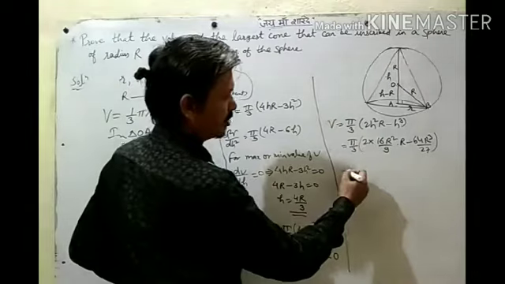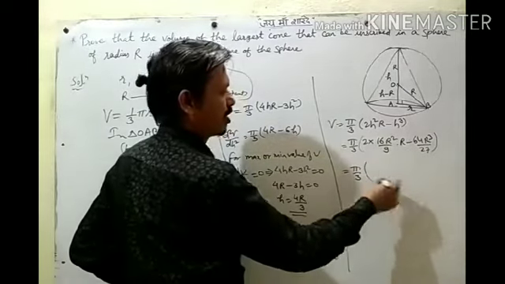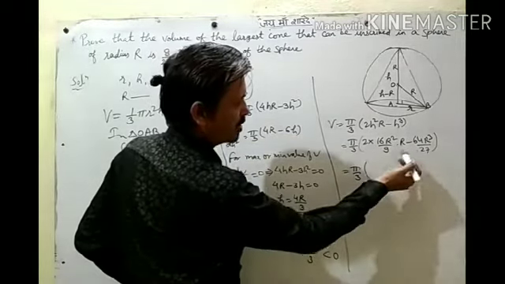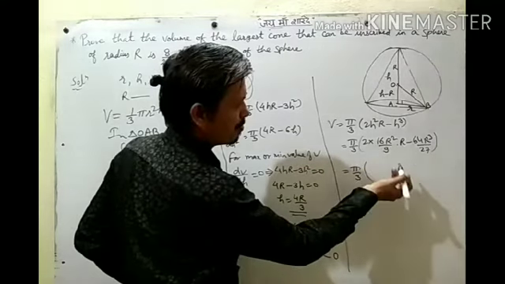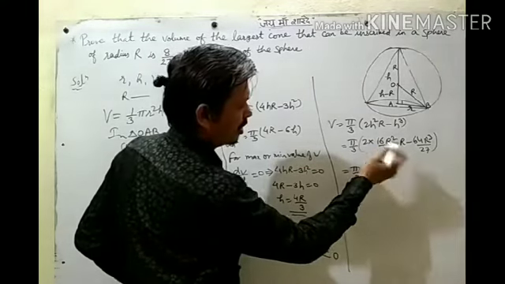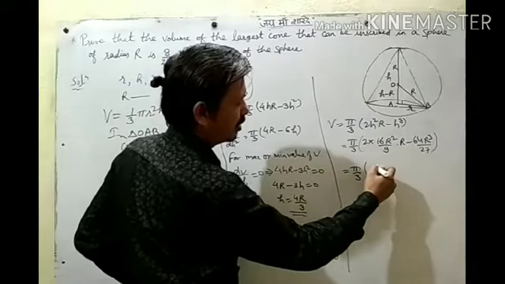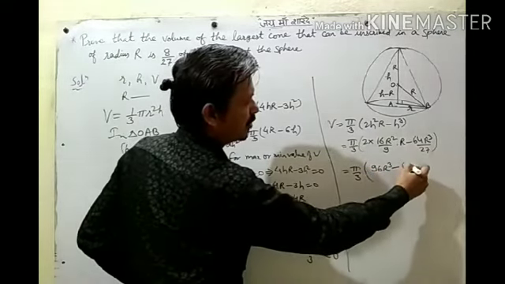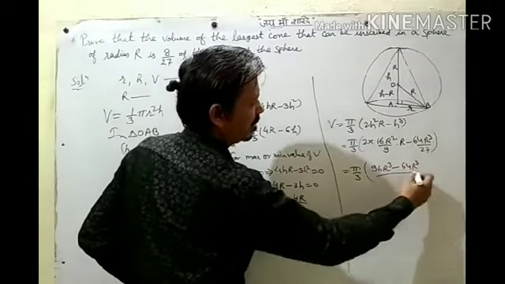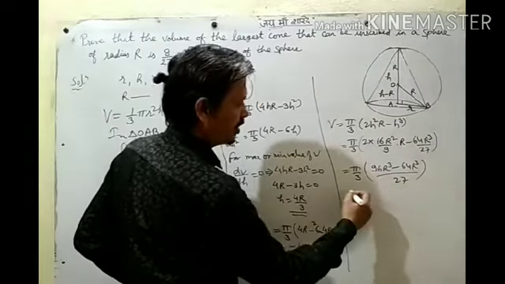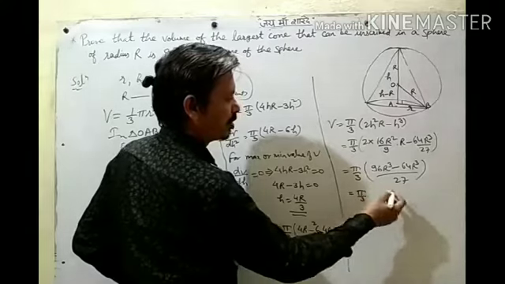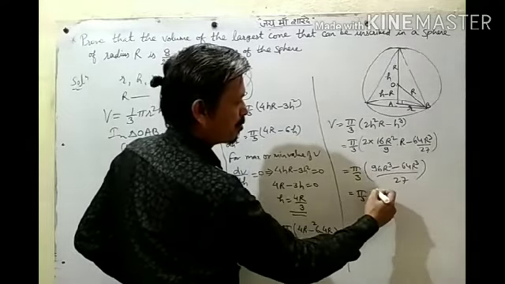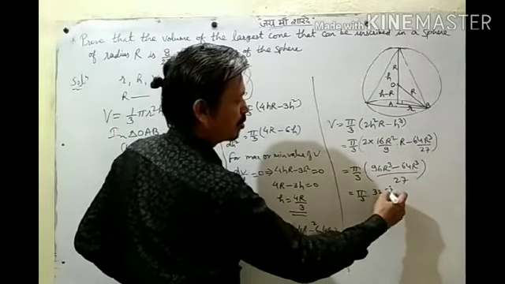Now simplifying this, pi by 3, LCM 27, multiply by 3. So 16 into 3 is 96 R cube, minus 64 R cube by 27, which is equal to 96 minus 64, that is 32 R cube by 27.